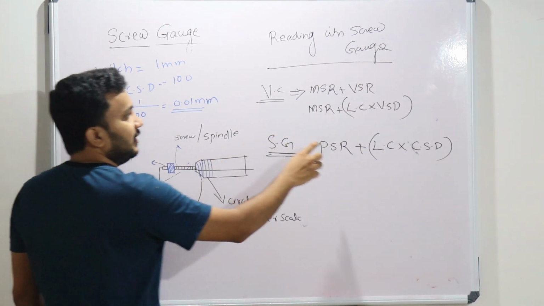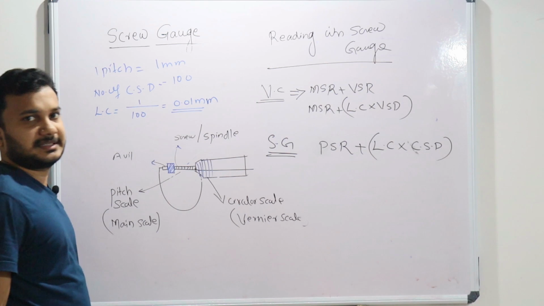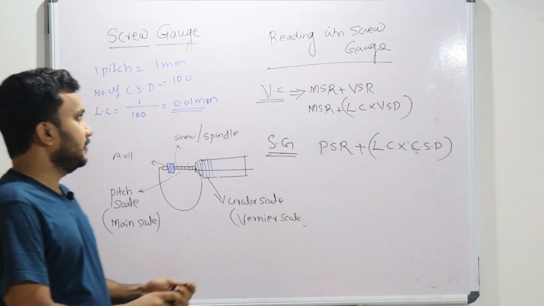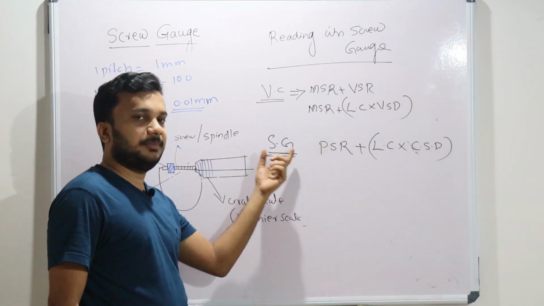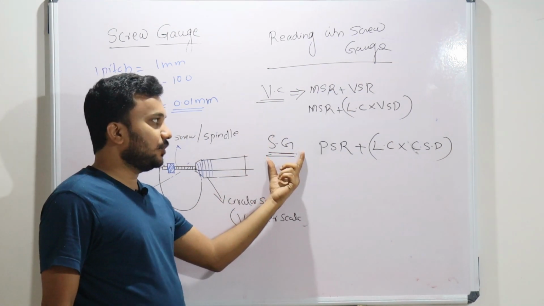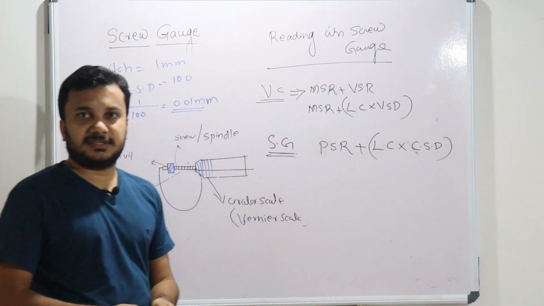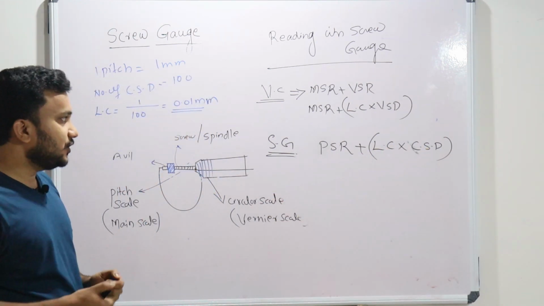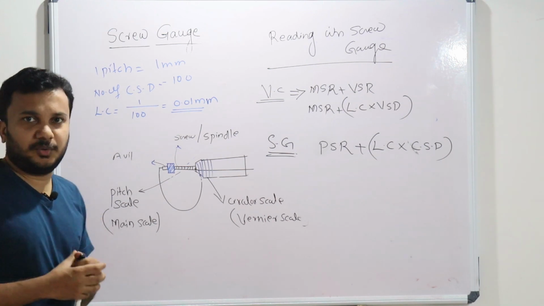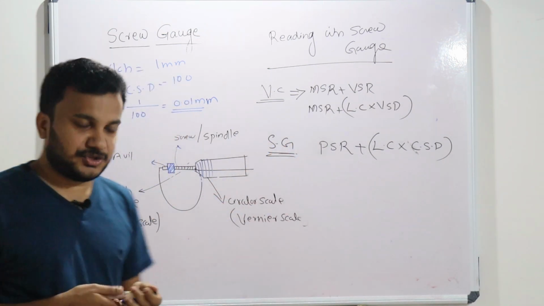So pitch scale reading plus least count into circular scale reading. This is the formula for a screw gauge. We have learned the formula, but practically we will see how it measures.